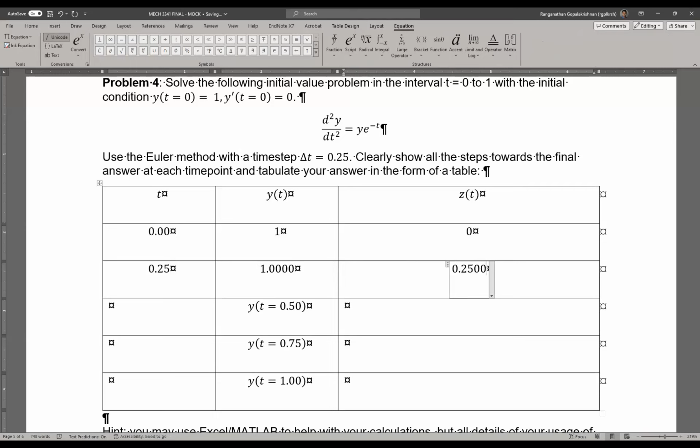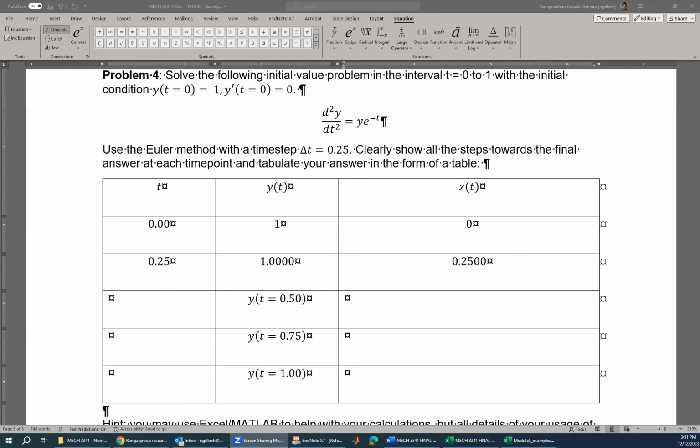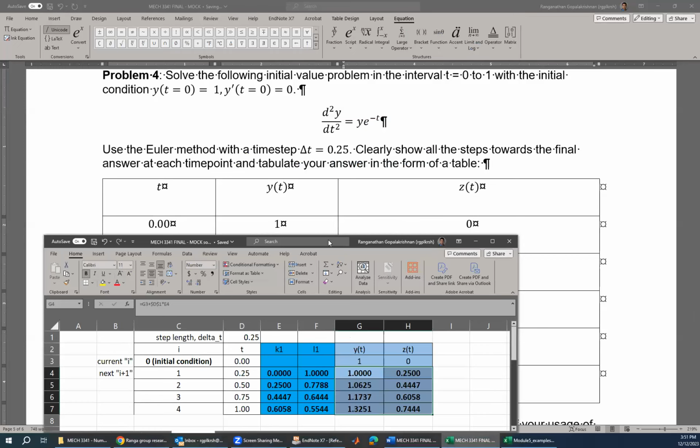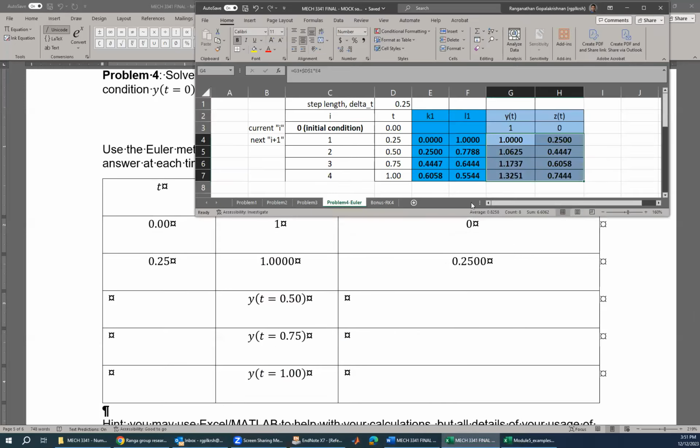To actually make it a little easier, let me show it this way. So here is my Word file that you're seeing. Okay. Within that, I'm going to bring my Excel sheet and keep them next to each other. All right. So you're seeing both.